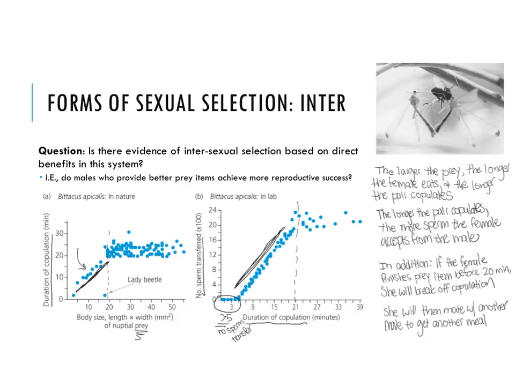So if you don't provide the female enough food, she moves on to another male to get some more food. And now you're increasing your risk of gamete competition. So there is an advantage to males, right, to provide larger prey items to the females. So that is how choice drives the evolution of the male trait of what size prey it tries to capture and offer to females.